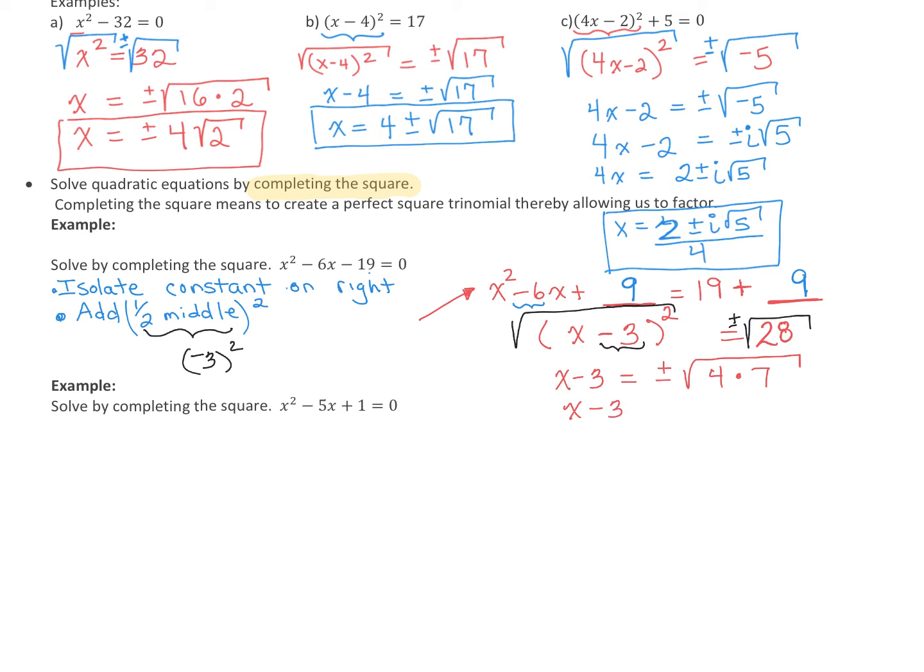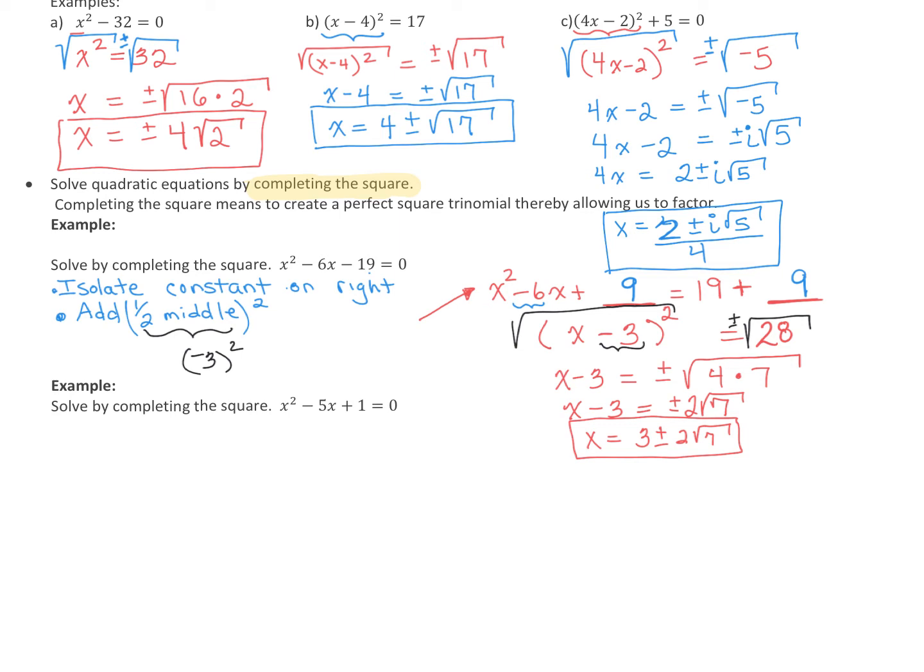So we're going to simplify that, plus or minus 2 root 7, and then we will add 3 to both sides. So 3 plus or minus 2 root 7. So the idea is that we make the left-hand side a perfect square trinomial, and then we use the square root property. So let's do that again for this next example.